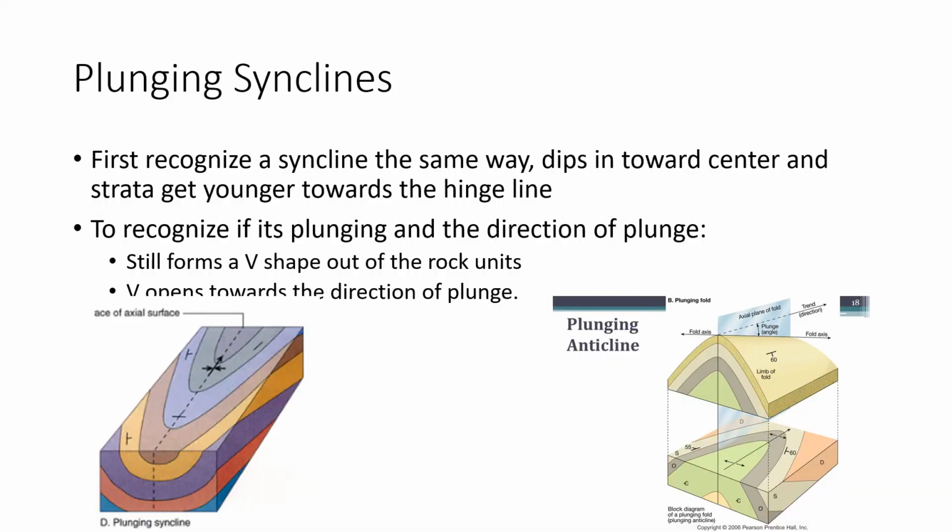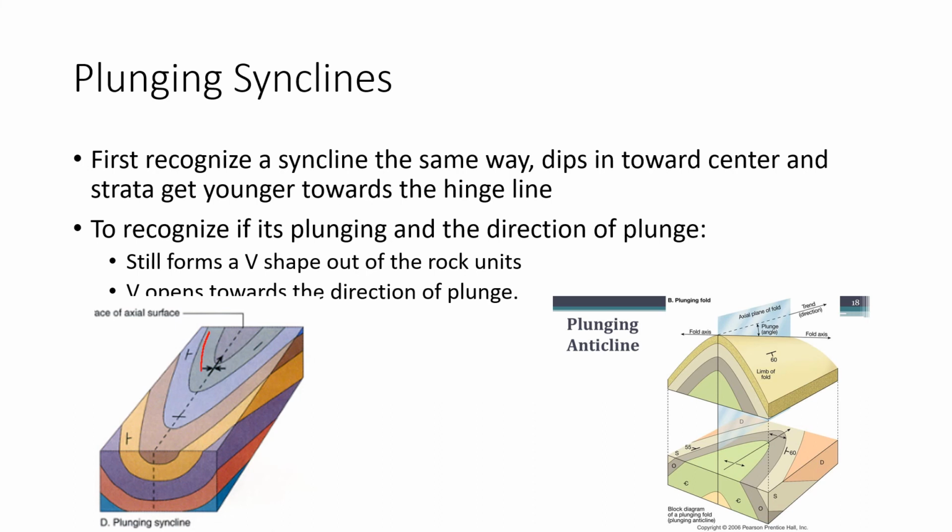So what about synclines? Well, with synclines you have to recognize that it's going to dip towards the center, and the strata is going to get younger towards the hinge line. The rocks are getting younger as you go towards the center, and it's going to be the opposite for a syncline when it comes to the V shape.